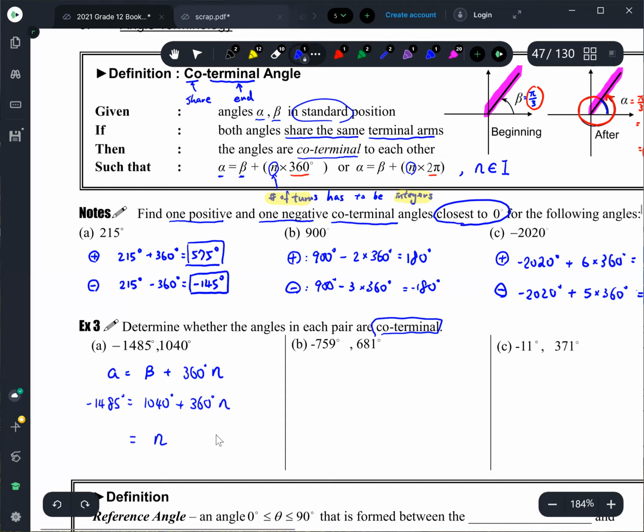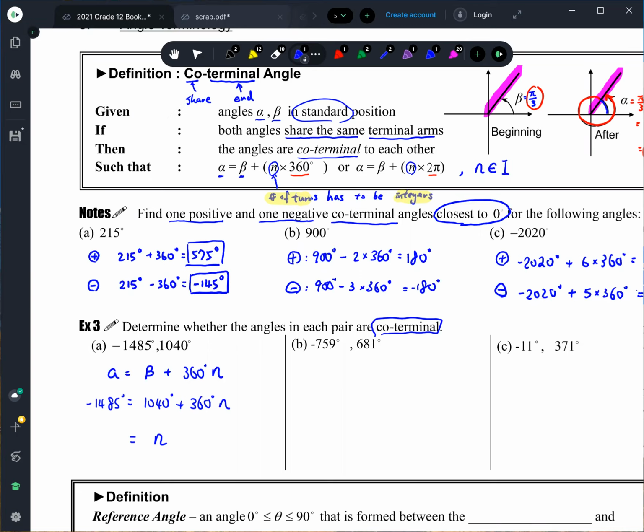Okay, anyone has question about how to solve for N? Okay, please raise your hand if you found N. Okay, Susan, what did you get for N? -7.04.